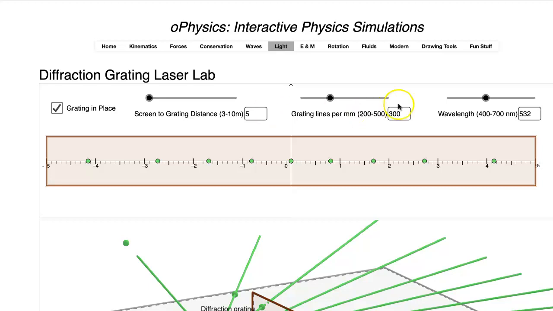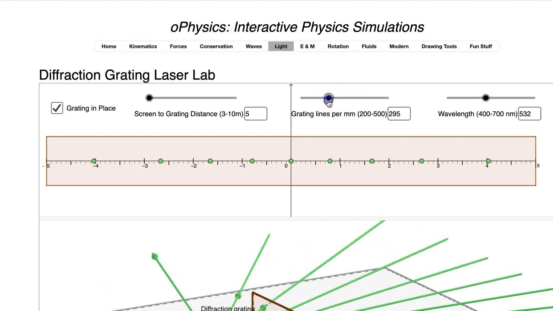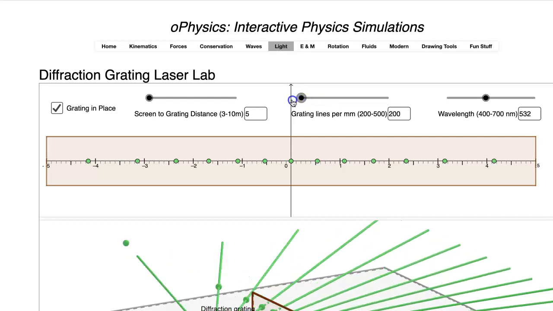You can have it at 5, and you are going to change the number of lines from 200 to 500 in increments of 50. Again, we are going to measure the distance between the dots on the screen for n or m equals 1 only, and record the values, exactly the same thing.